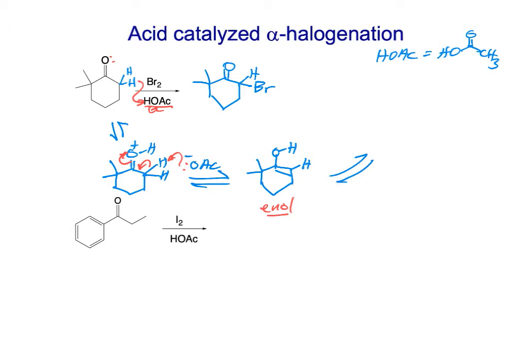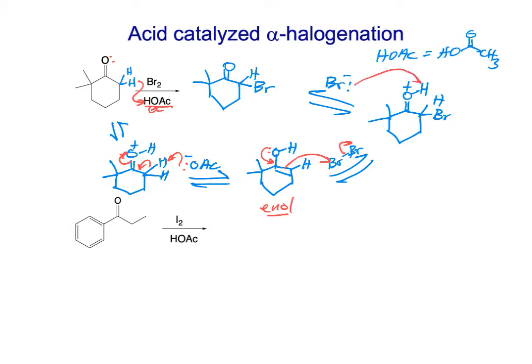It can then react with bromine like this to form a brominated species that has the carbonyl protonated again, like this. And finally, deprotonation with, we can just say use bromide here to balance our equation, gives us our product.